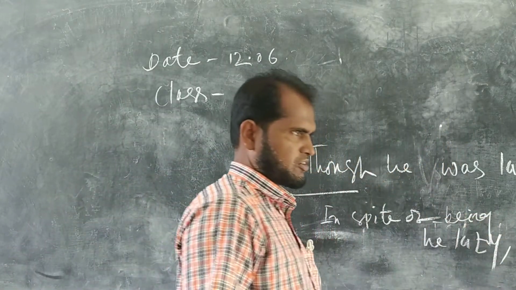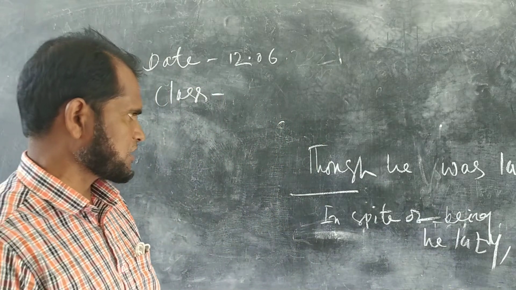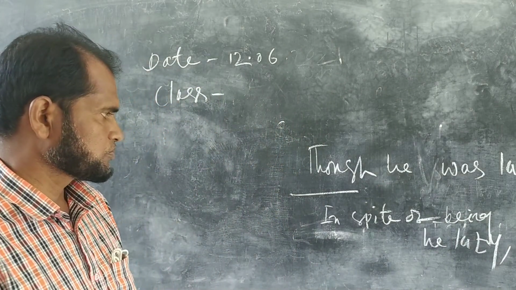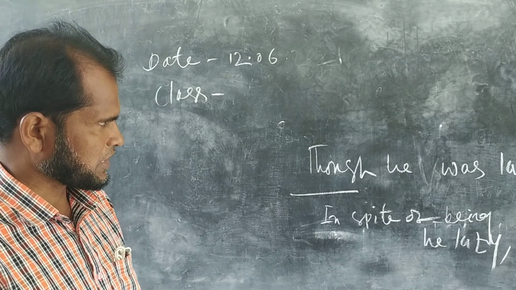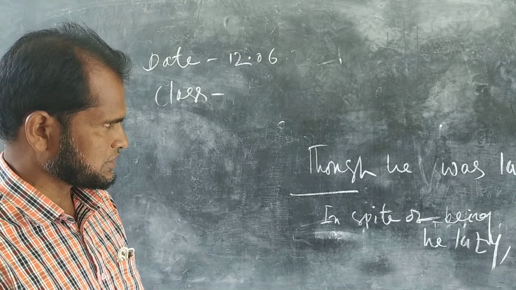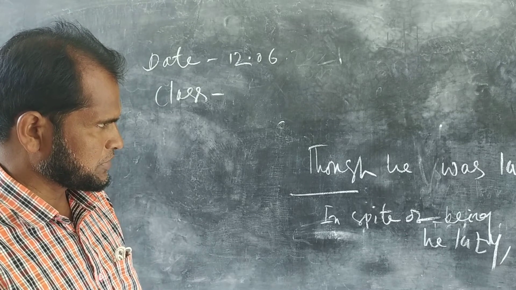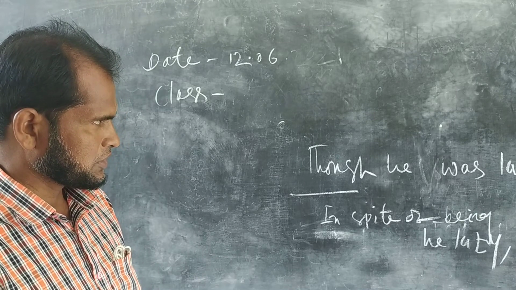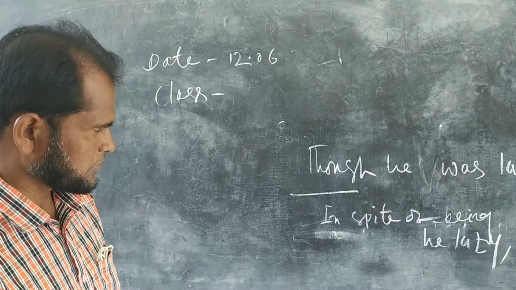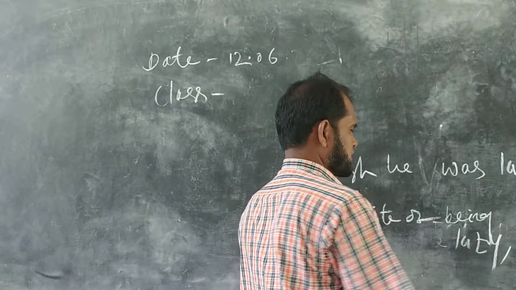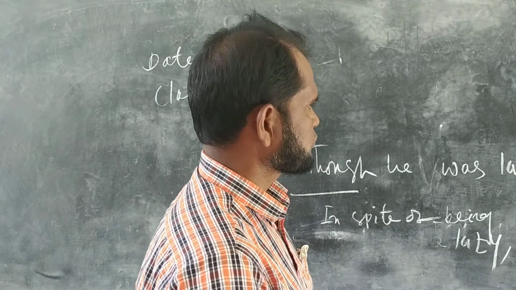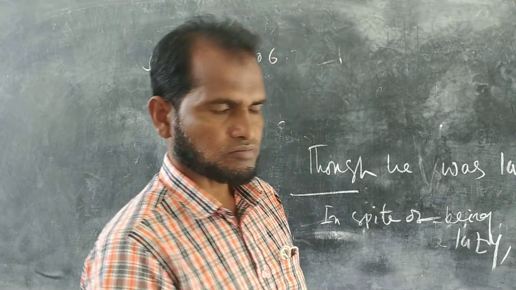This subordinate clause has been turned into a phrase without changing the meaning, and the principal clause will be kept as it is: he could make a good result. In spite of being lazy, he could make a good result.